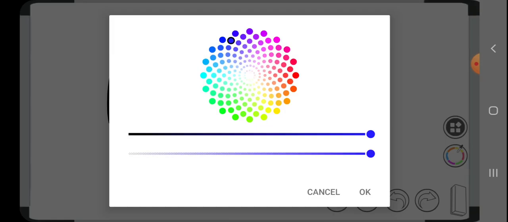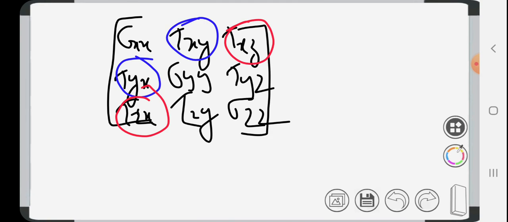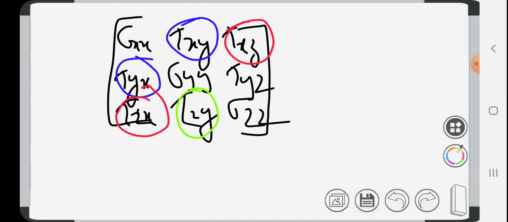While writing this matrix, you have to note that these two will always be equal, and these two will be equal, and these two will be equal. So this is the idea of equality of shear. Hope you have understood that idea.